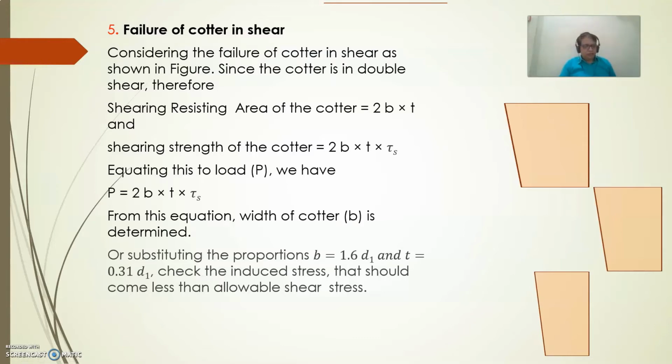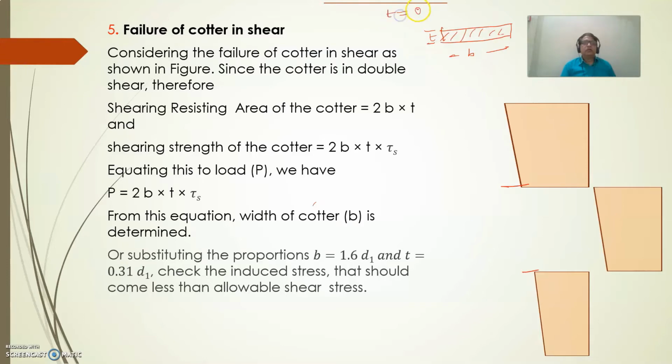So that means here you are going to get the failure, right? So this is one failure, and at this junction, another, and that is the area. So this is B into T, if B is the breadth of this one, and T is the thickness.